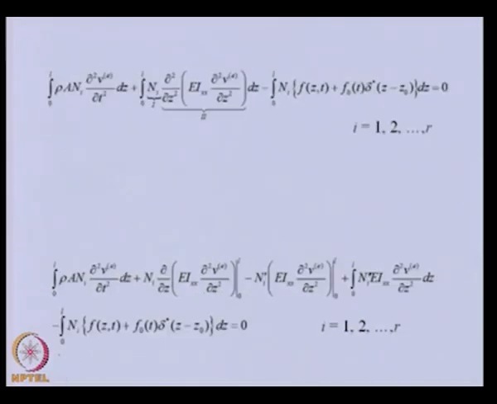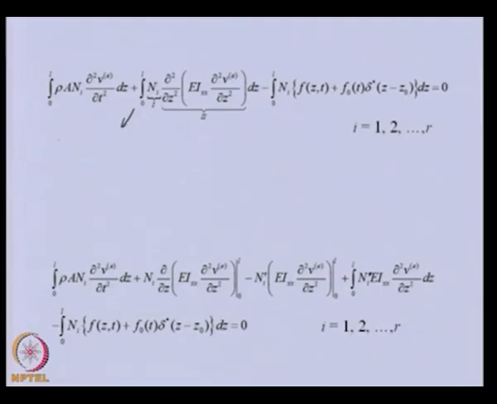So, let us see. Here I have expanded those terms. This is the inertia term, and this is the term on which we want to do integration by parts, and the other terms will be as they are because they do not have higher derivatives with respect to z. Now let us see how we can differentiate this with respect to z. I am taking this term only.